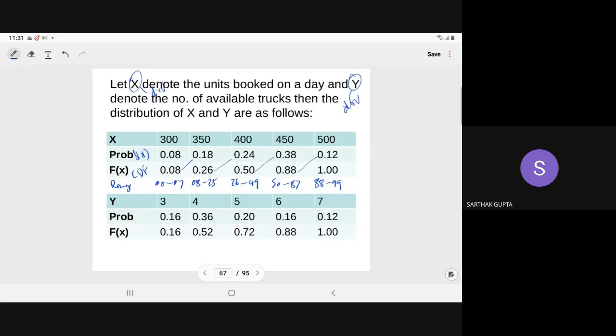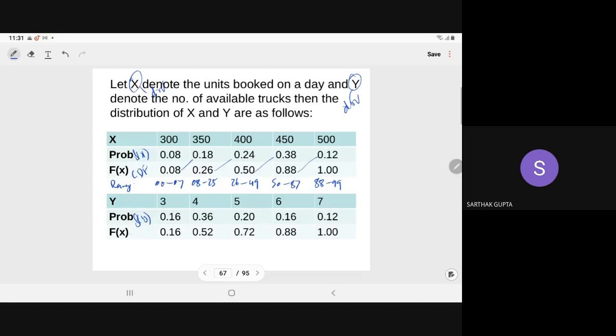Similarly, the number of trucks available can be 3, 4, 5, 6, 7, and the corresponding PDF f(y) from the frequency table is 0.16, 0.36, 0.20, 0.16, 0.12.